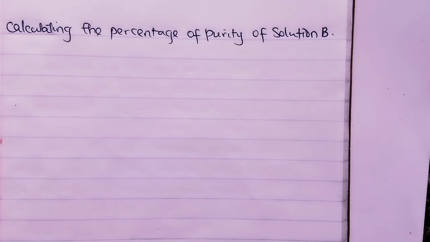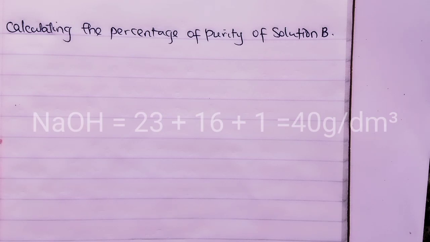But we don't have the mass concentration of the pure sample, we only know the molar concentration, which is 0.0946. The molar mass of sodium hydroxide is 40. That is, sodium is 23, oxygen is 16, and hydrogen is 1. Joined together, this gives 40 gram per mole.